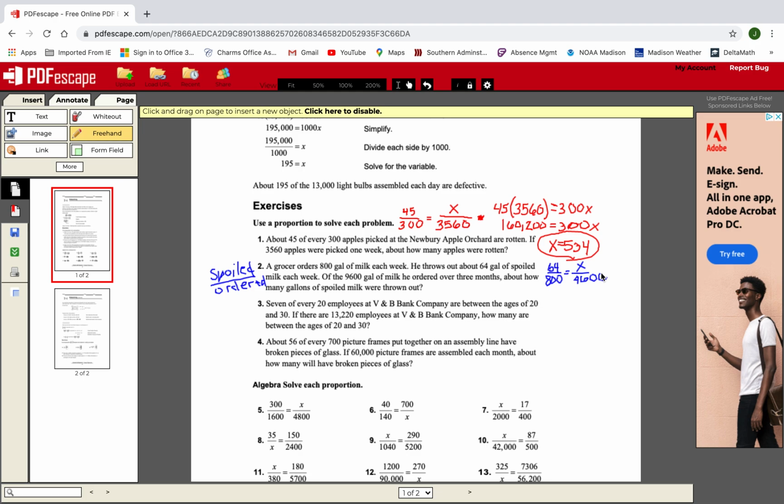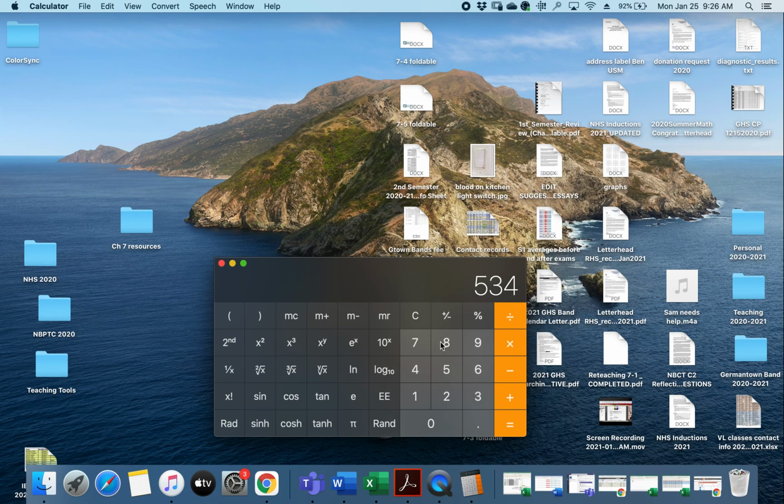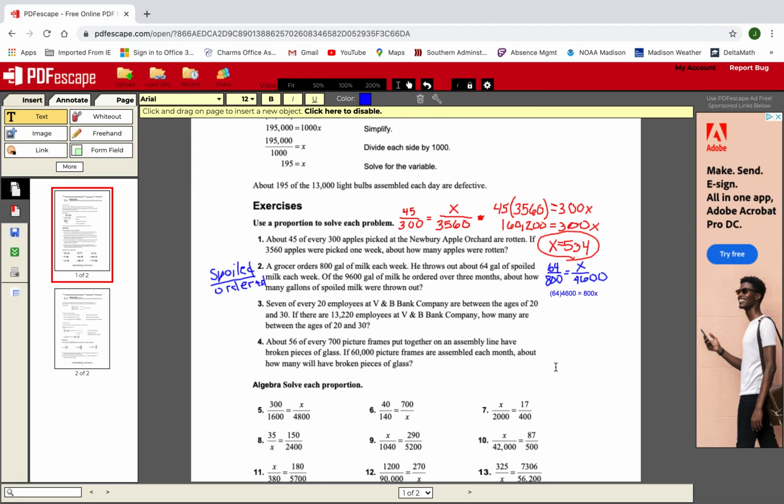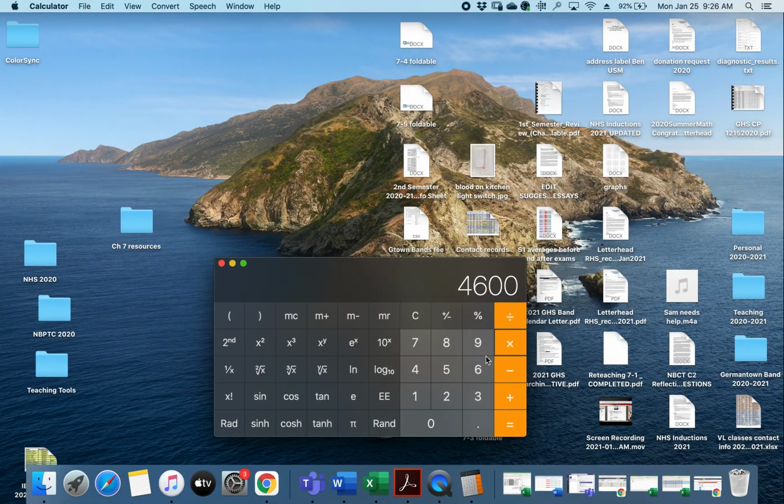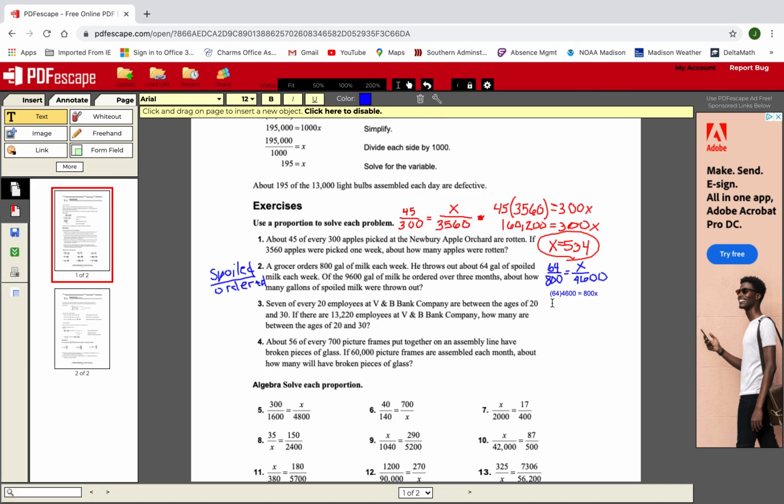The pad is not working with me. All right, so I'm simply multiplying 64 times 9,600, setting that equal to 800x. Did it say 46? It looks like 46 on my screen, sorry. So it was 64 times 9,600? Thank you. 614,400, is that right? 614,400 equals 800x.